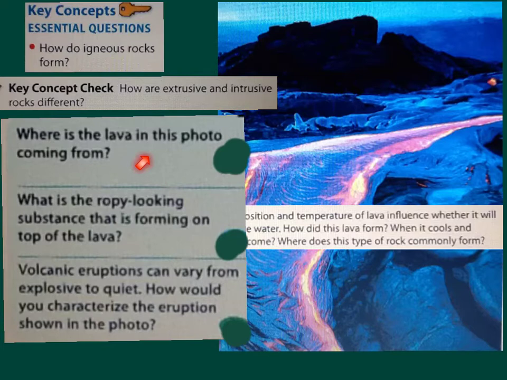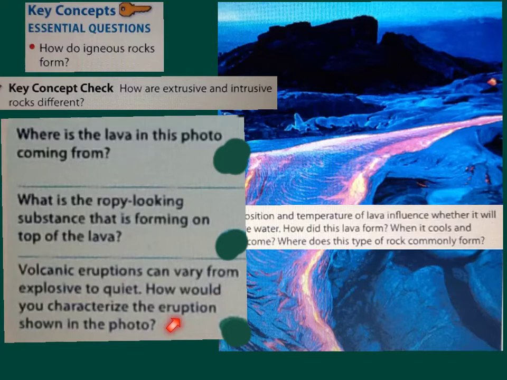The next one. What is the ropey looking substance that is forming on top of the lava? The ropey looking substance is what they're talking about here. If you look in this area, you can see what looks like ropes forming. That's what it's talking about right there. The last one you have to pick from is this one.